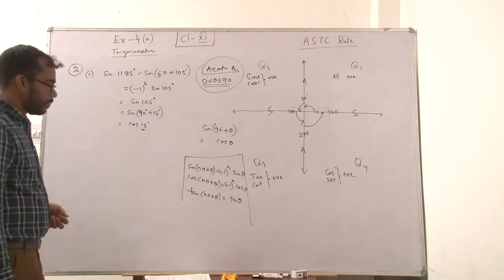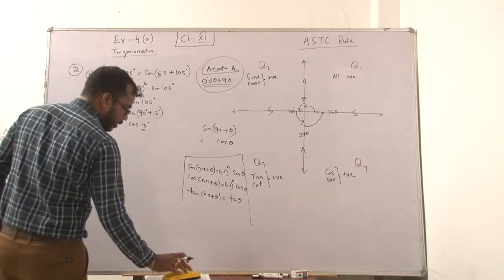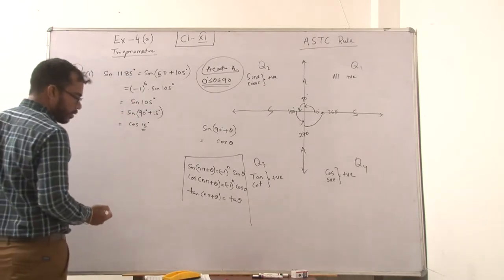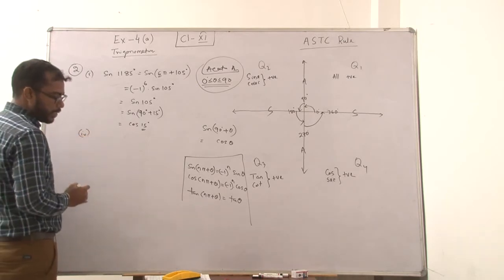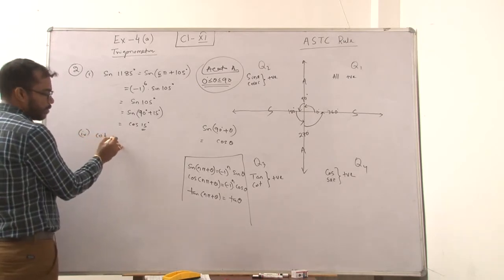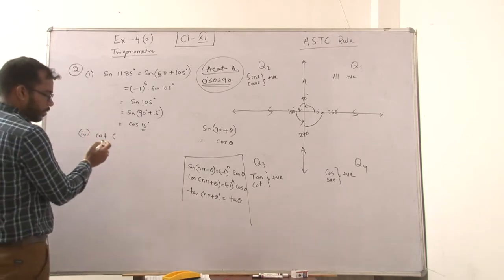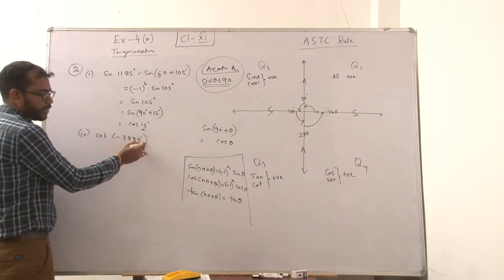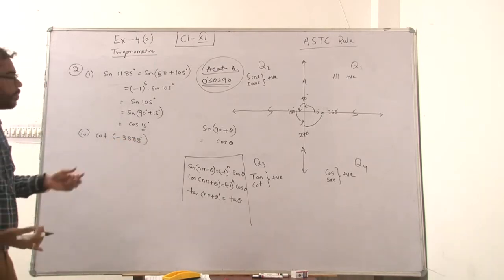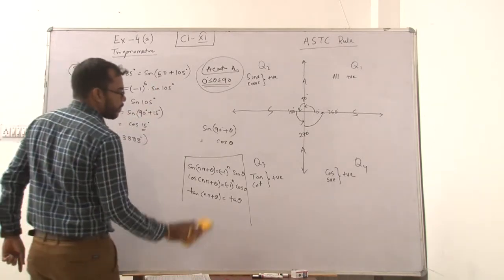Okay, so next proceed to another bit, that is cot of minus 3888 degree. We have to convert this into an acute angle.